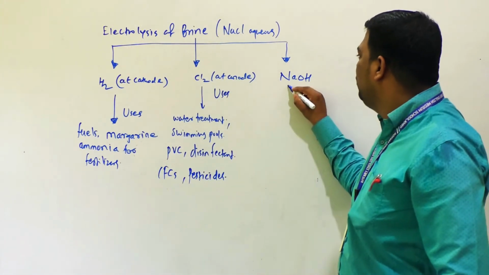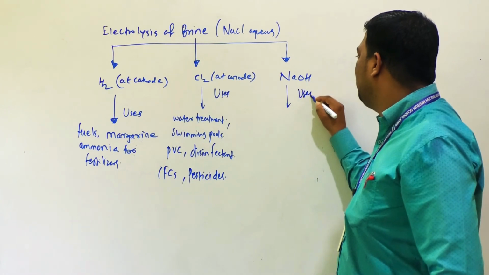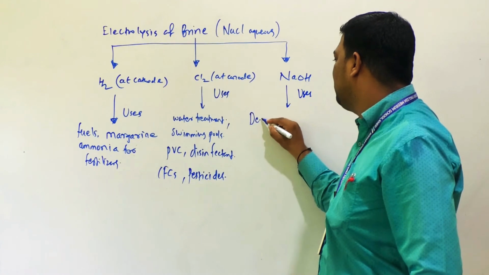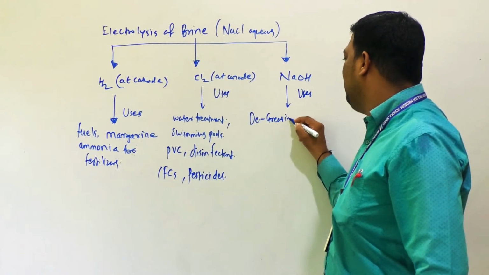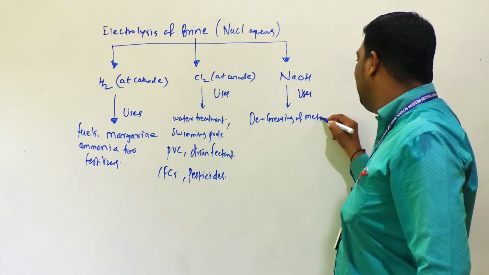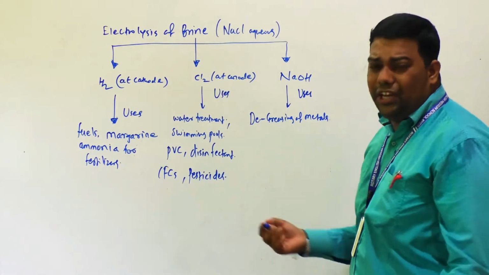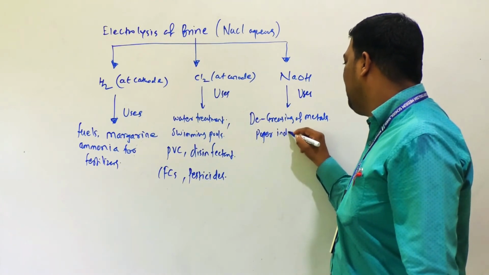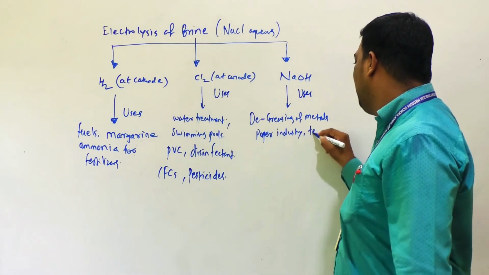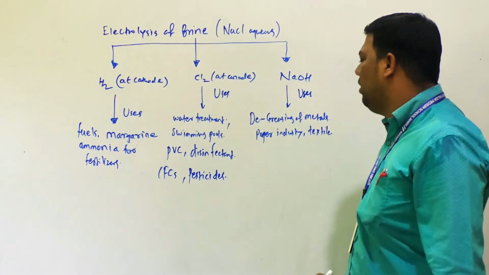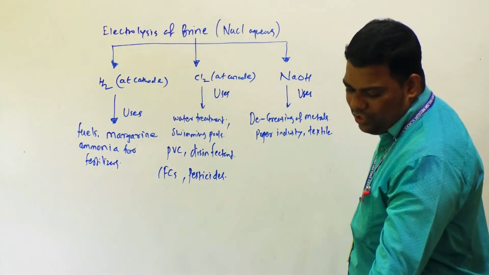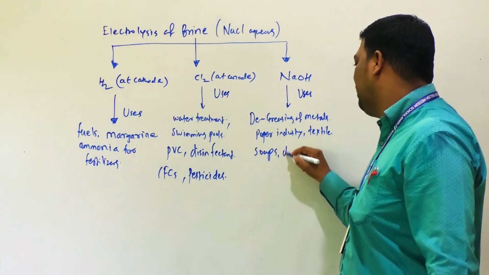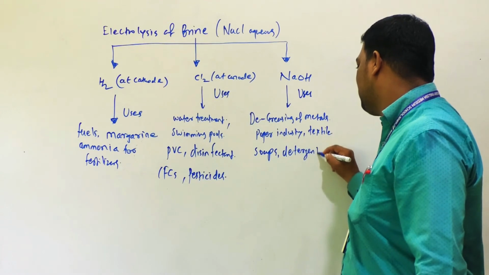Now NaOH. Uses of NaOH we can write: degreasing of metals, that is cleaning of metals. NaOH in paper industry, textile industry, in soaps, in making soaps, then detergents.